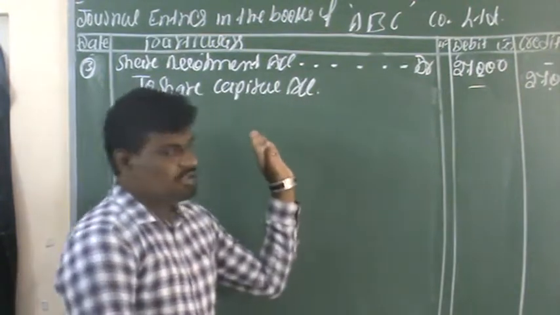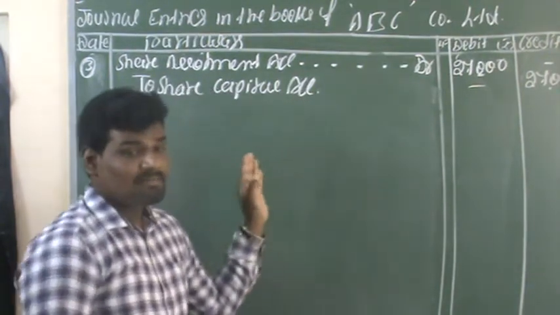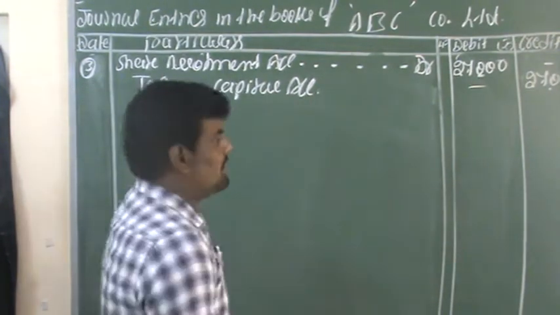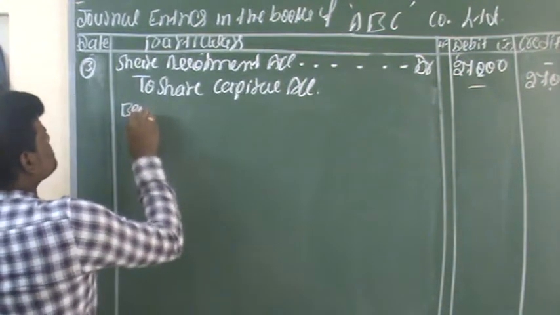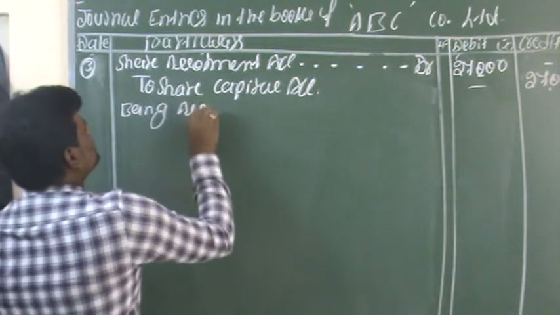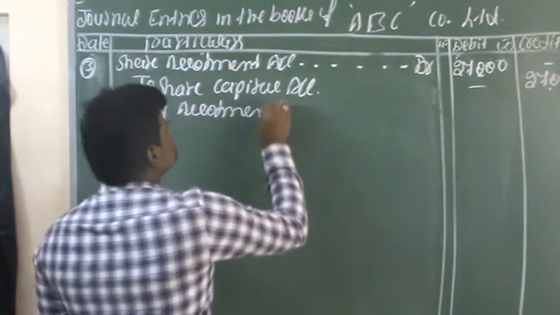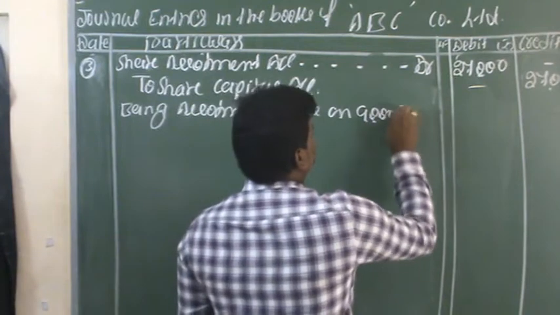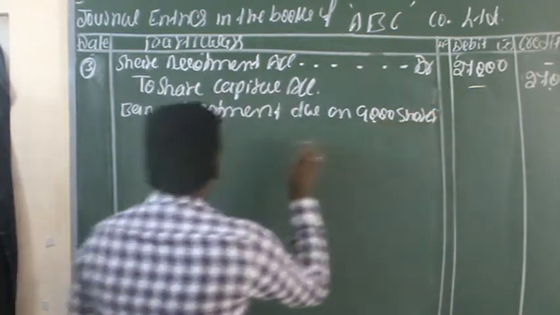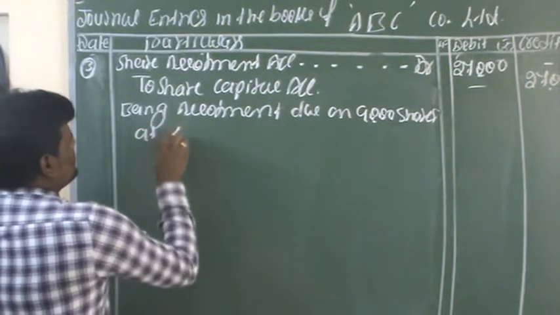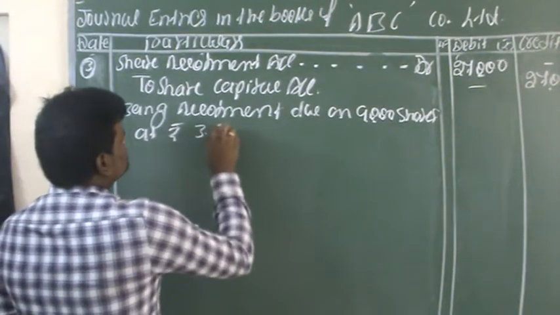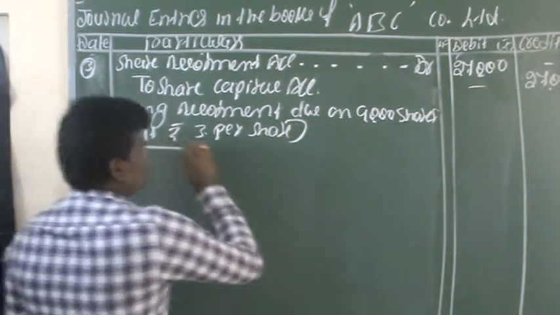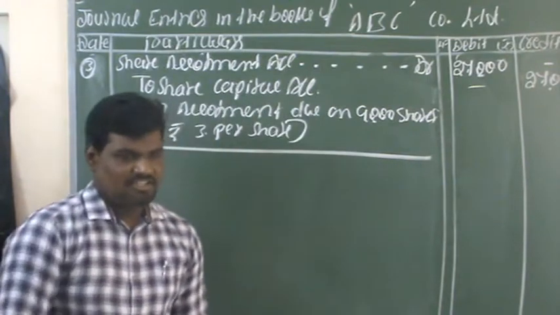The third entry is related to the allotment money due. For that allotment money due, the entry is share allotment account debit to share capital account. The narration being: allotment money due on 9,000 shares at rupees 3 per share.